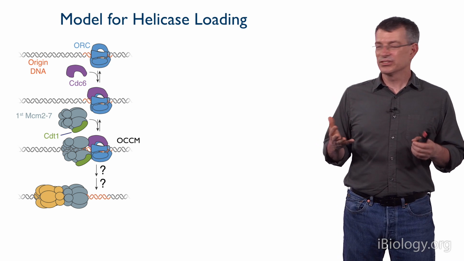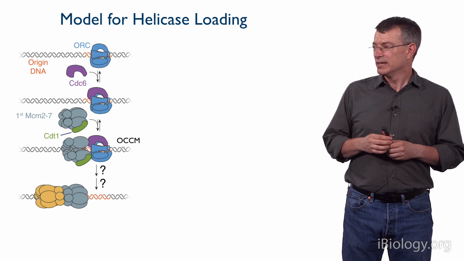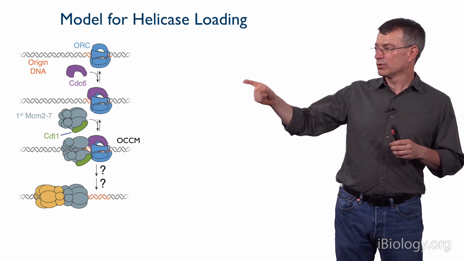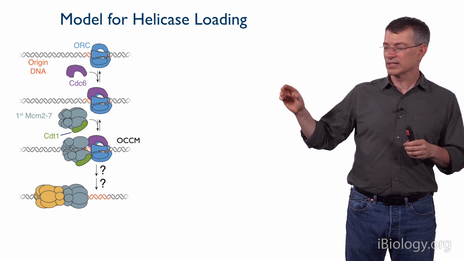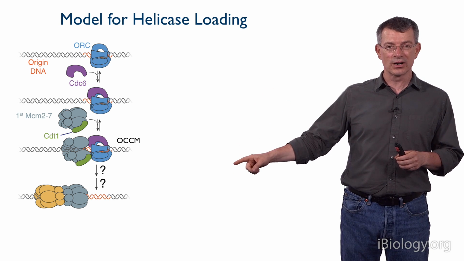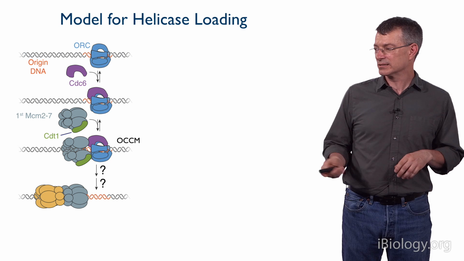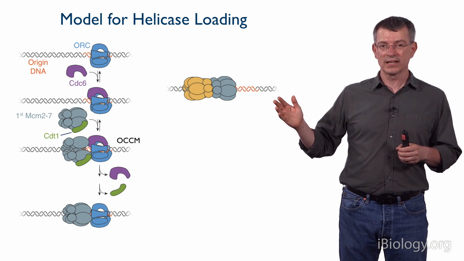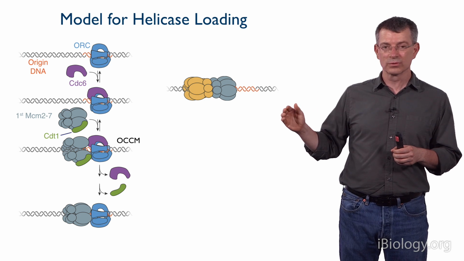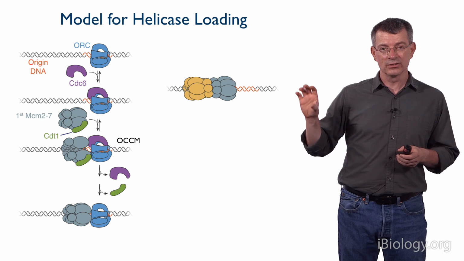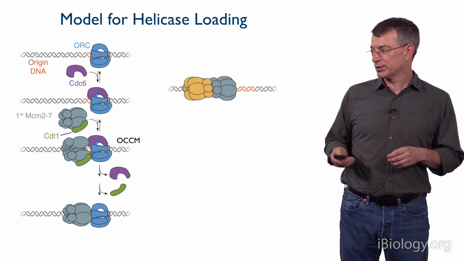Okay, so let me summarize what I've told you so far. Our original understanding was this initial association event where we had ORC, then CDC6, then MCM-CDT1, and we formed the OCCM, and then there were a lot of question marks, and we only knew there was ATP hydrolysis. Now we have a much better understanding. We know the first event after the OCCM is this ordered release of CDC6 and CDT1, and I'll tell you but didn't show you that we know the ring is in fact closed at that point.